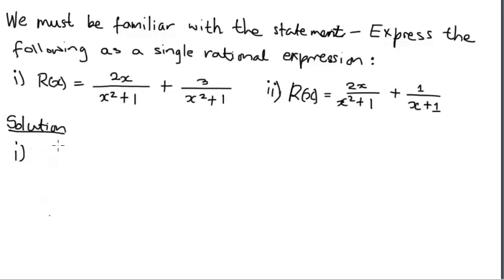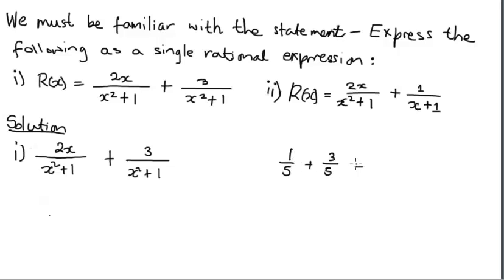It's clear that number 1 is very easy and straightforward because we've got a common denominator x squared plus 1. So this is 2x over x squared plus 1 plus 3 over x squared plus 1, which is just as good as having 1 over 5 plus 3 over 5, because these fractions have the same denominator.